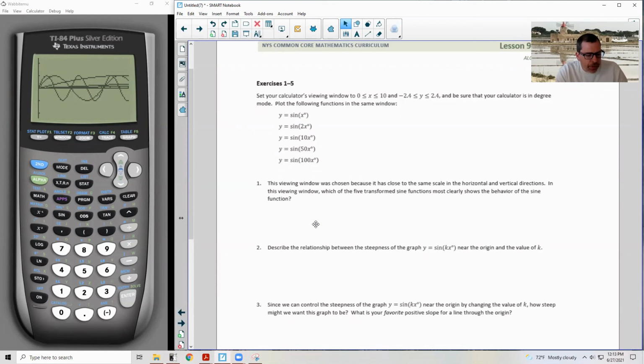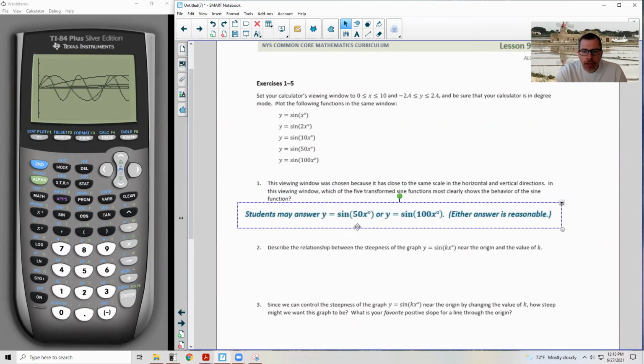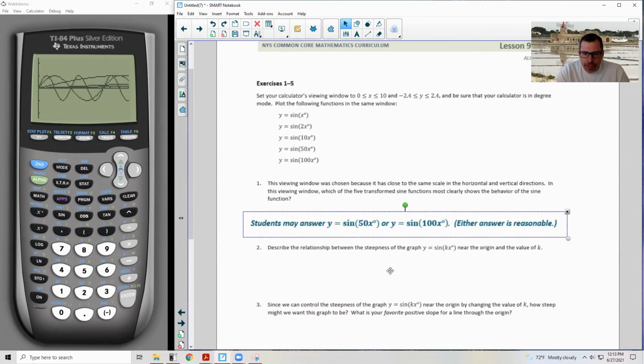So the answer to this is going to be y equals sine of 50 times x degrees, or y equals sine of 100 times x degrees. Okay, either answer is reasonable because both of them are showing at least one full period of the sine curve.